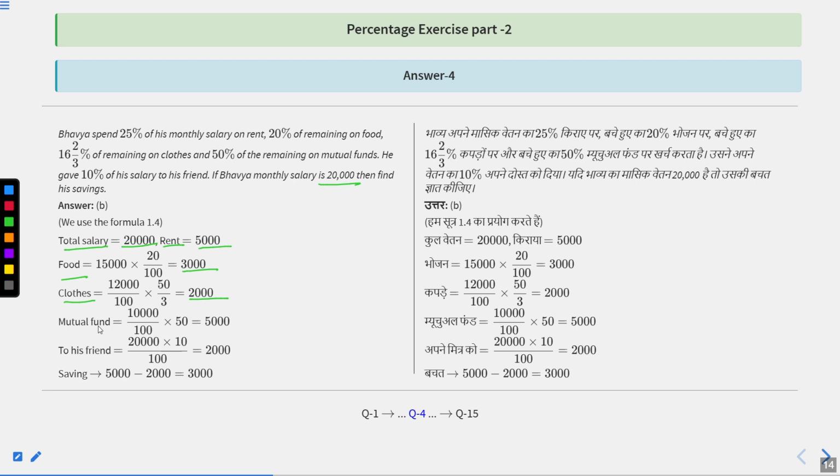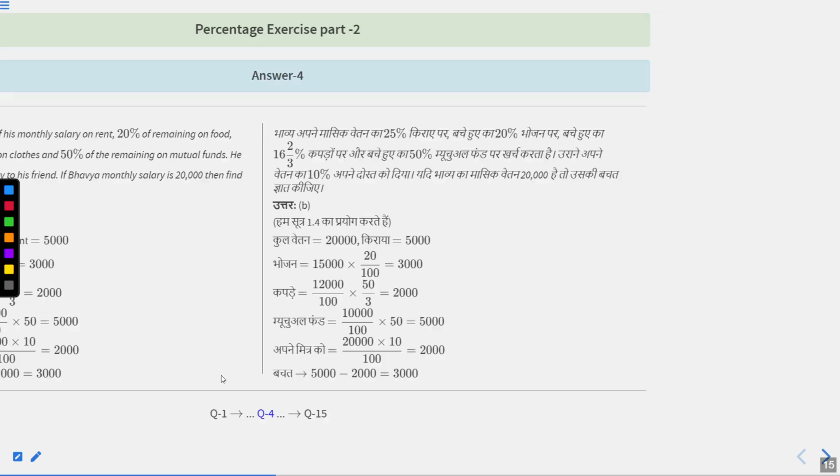In mutual fund, of the remaining, which will become 10,000, half of the remaining. So 50% of 10,000, which is 5,000. And he gave 10% to his friend. So 20,000 into 10 upon 100, which is 2,000. So saving will be 5,000 minus 2,000, which is 3,000 rupees. Okay. Next one.